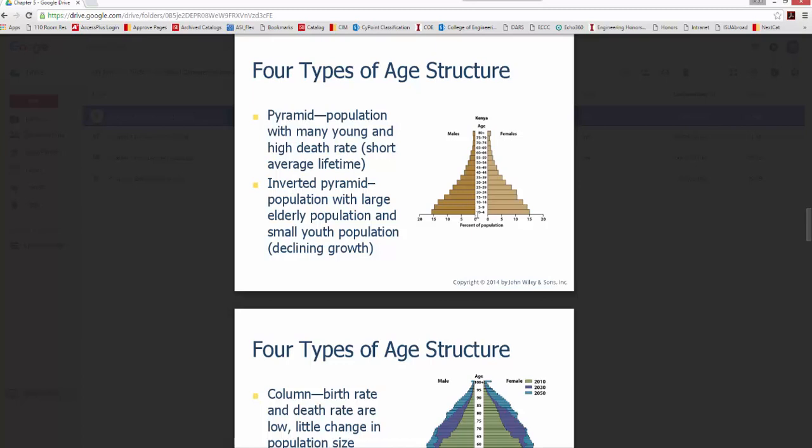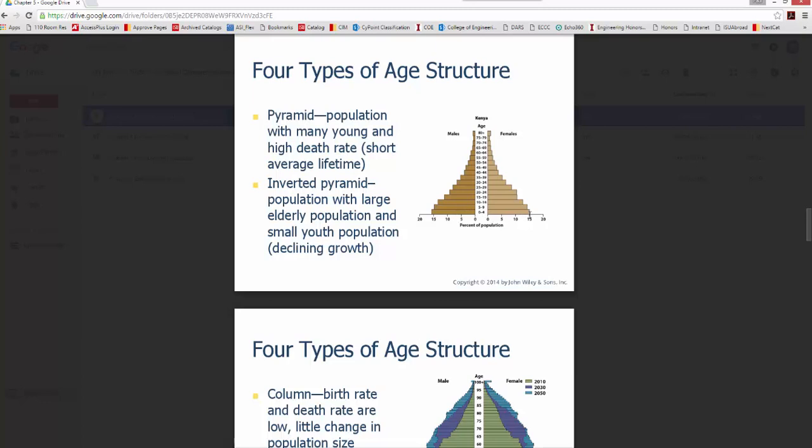So you notice from newborn to 4 years of age that we typically have 16% of that population made up of males under the age of 4. And if we look at females, they make up roughly 15%.